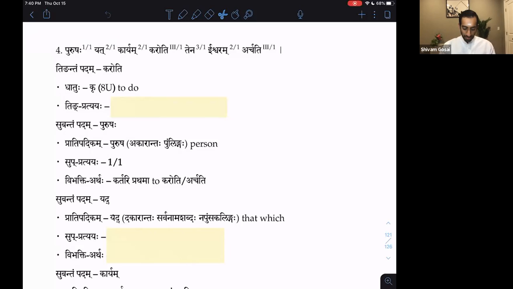On number 4, we see Purushaha yat karyam karoti tena ishvaram archati. So the basics of yat and tat is that we want to find our yat and we want to find our tad clause. Okay, so we see yat here and we see tad here.